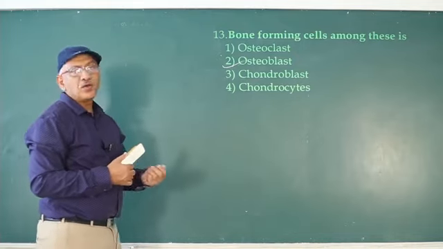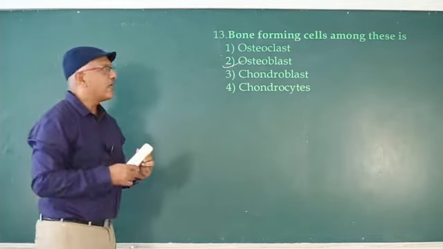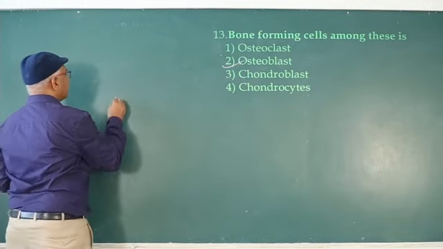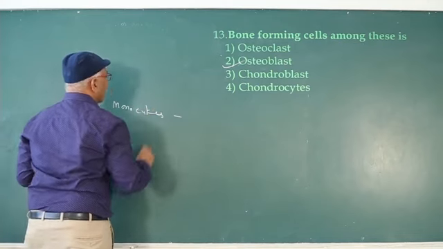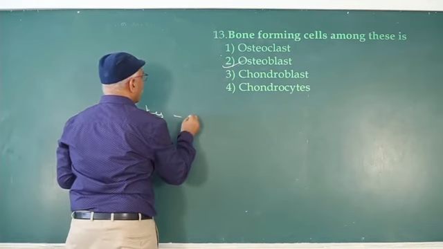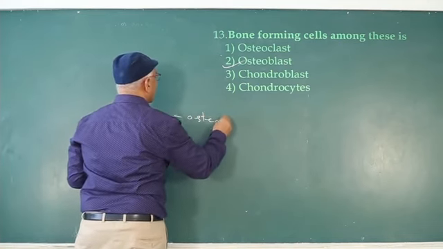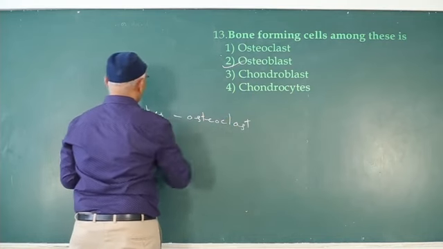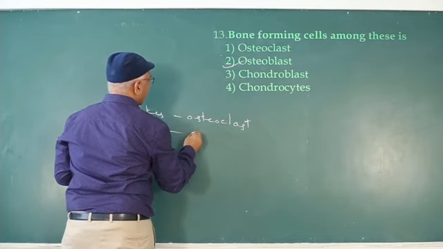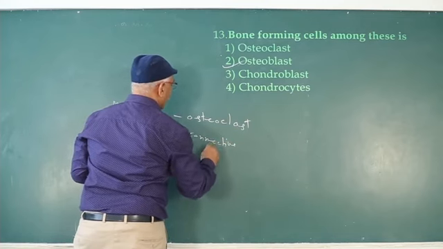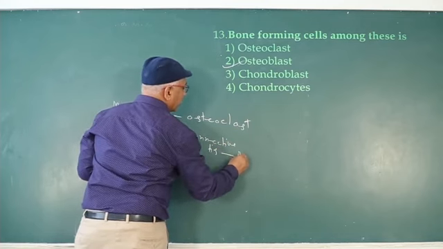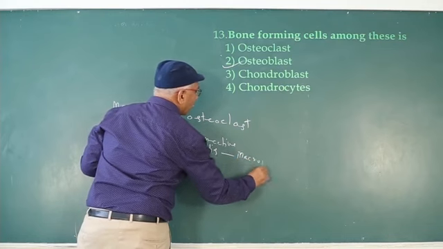What about osteoclast? Monocytes present in bone are known as osteoclasts. Monocytes present in connective tissue, macrophages.